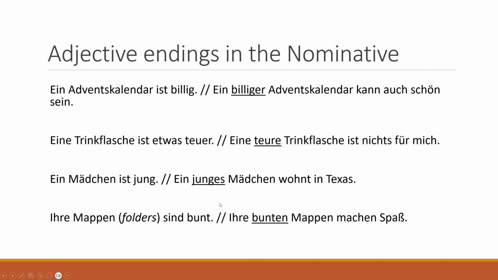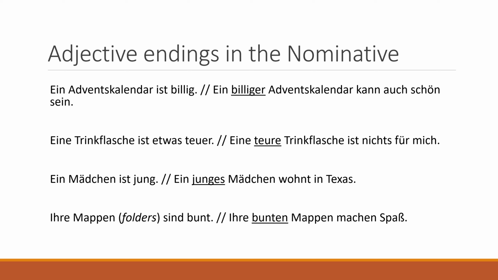Okay. So where we were just looking at adjective endings for nouns preceded by the definite article, der, die, das, in the nominative, here they are preceded by indefinite articles, ein, eine, and because you cannot have a plural ein, we have a possessive pronoun, which is still what's considered an Einwort.